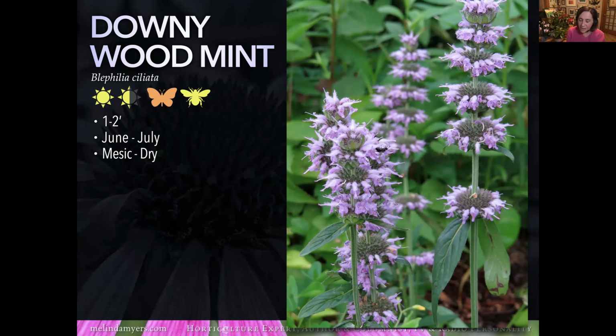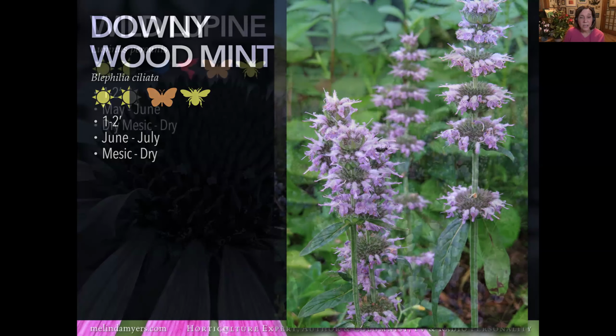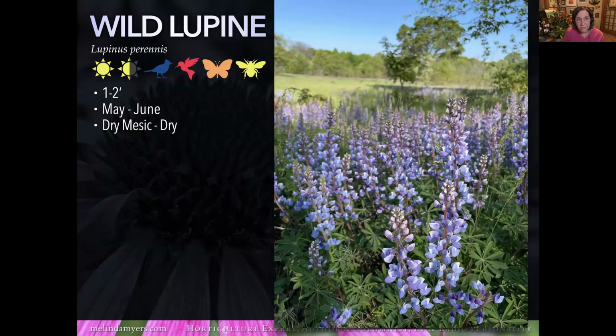So this spreads by rhizome, forming clumps. And again, if it gets too big, you can divide this easily to keep it the size you need. Blooms early in the season, early to midsummer. So you get these wonderful flowers that the pollinators love, and it takes full to part sun. So that gives you a little more flexibility on location.